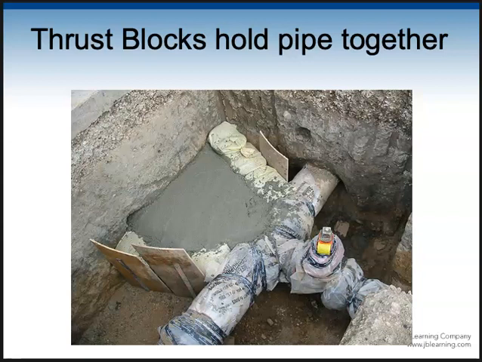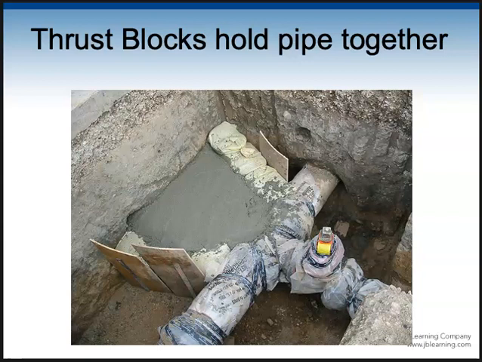When they backfill, this is going to hold the plumbing together. The dirt on top of it holds it down, but this thrust block keeps it from moving when the water pressure hits that change of direction, the T, the 90 degree, or the terminus where it ends. They do these thrust blocks all over where they dig out and place the plumbing.